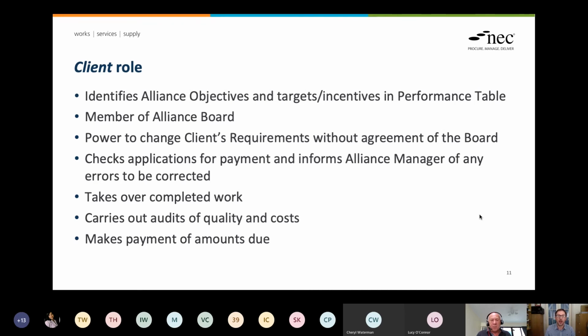Yes. So a client's got to be a little bit careful about what they put into the client requirements, haven't they? In that they don't necessarily want to put all the scope into the client requirements. And at one end of the spectrum, you could do that, but that's not necessarily going to be helpful, is it? In terms of how the alliance board and how the alliance works. Yeah, I've always thought of these as a fairly high level expectation, really.